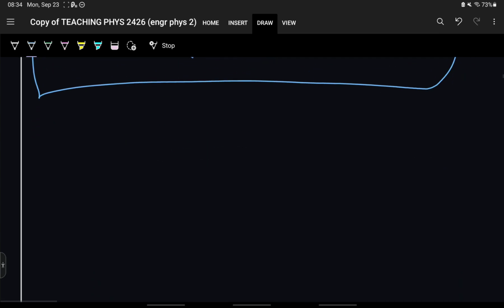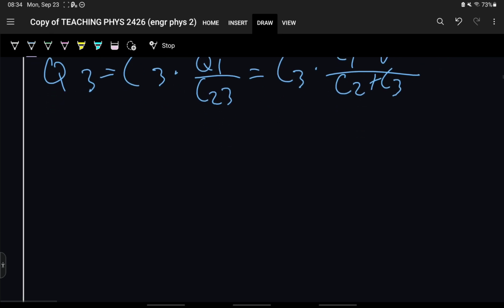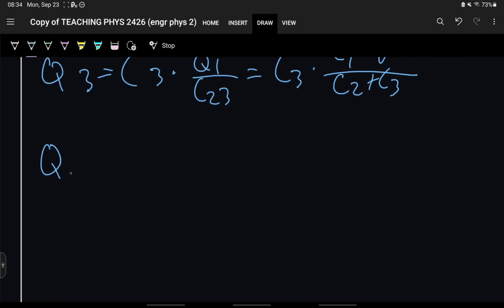Now let's move on to Q3. So Q3 equals C3 times Q1 divided by C23, and that'll be C3 times C sub T times V, all divided by C2 plus C3. Then we can expand that one out again, just like we did Q2.